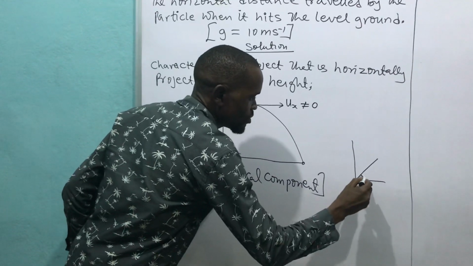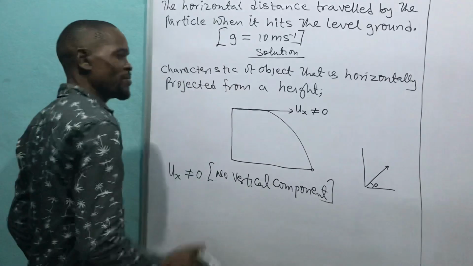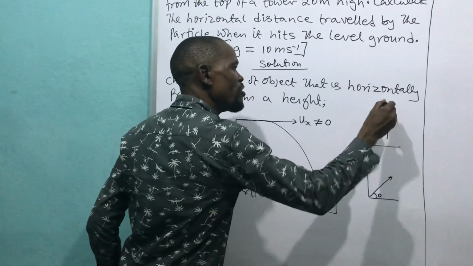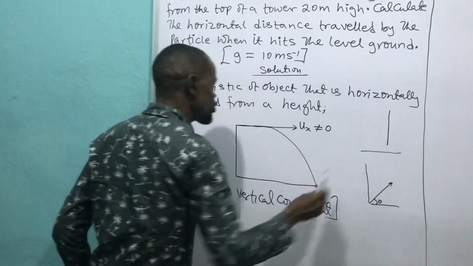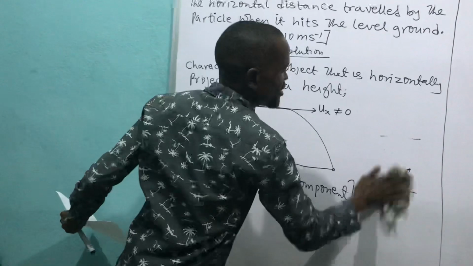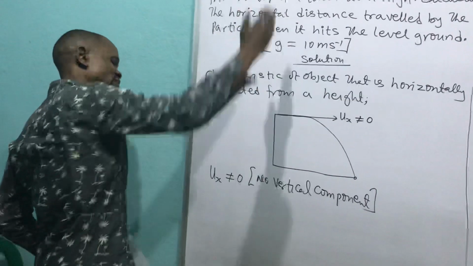But as long as the force moves purely horizontally or purely vertically, it has no such components. Since this object is moving horizontally, it has no vertical component.